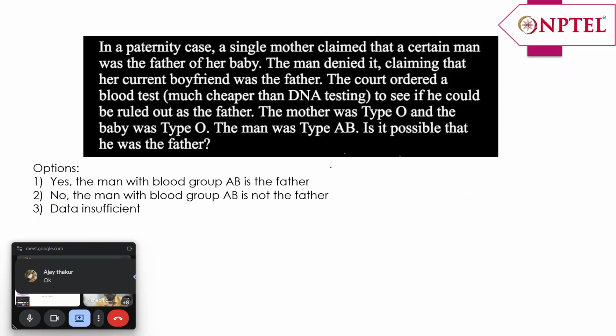In a paternity case, a single mother claimed that a certain man was the father of her baby. The man denied it, claiming that her current boyfriend was the father. The court ordered a blood test, which is much cheaper than DNA testing, to see if he could be ruled out as the father. The mother has blood type O, the baby has blood type O, and the man was type AB. Is it possible that he was the father?